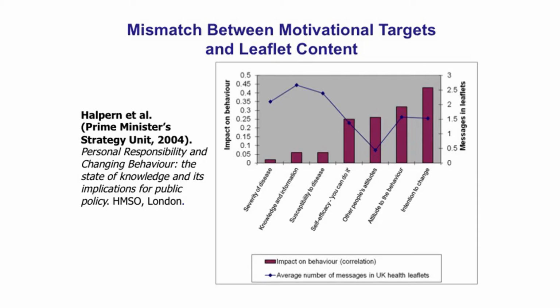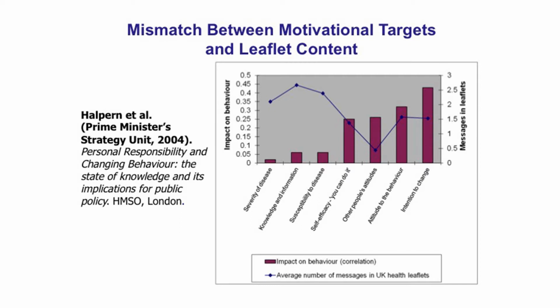So in the graph in this slide, for example, the red bars are the associations between, for example, knowledge or perceived severity and condom use. And the blue line shows the number of messages corresponding to that target. And what you can see here is that there are a lot of messages that are about increasing knowledge or increasing perceived severity of sexually transmitted infection or perceived susceptibility.